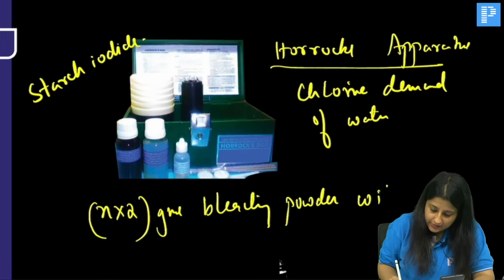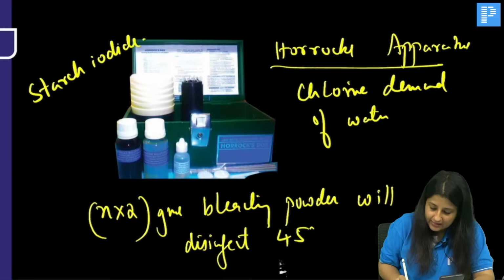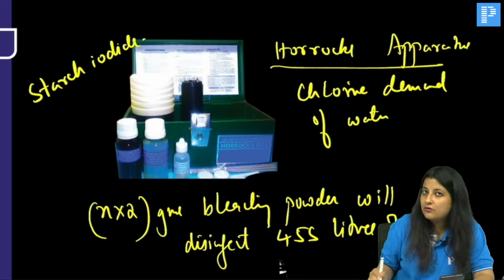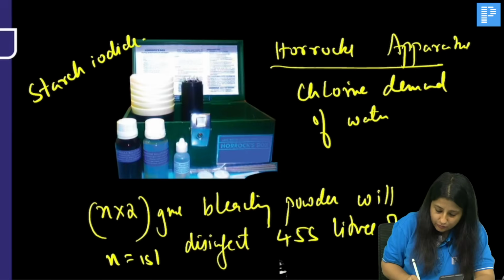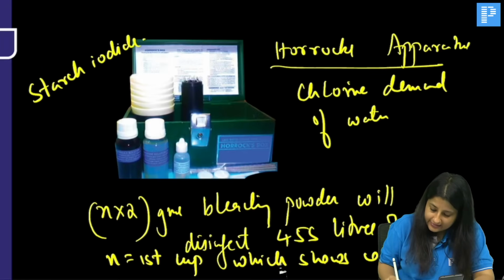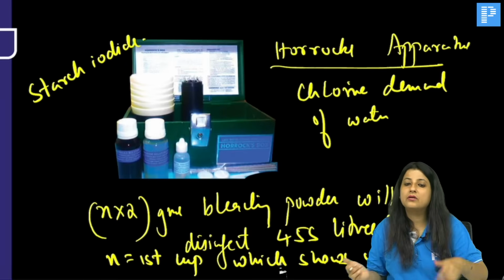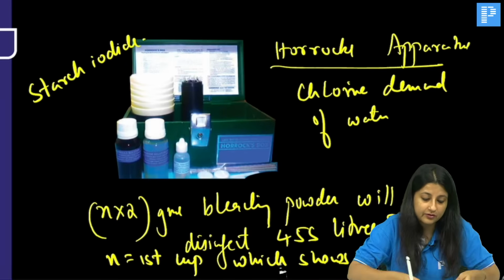And the formula that you have to remember, N into 2 grams bleaching powder will disinfect how many liters of water, guys? 455 liters of water. And what is N over here? N is equal to the first cup which shows color change. N into 2 grams of bleaching powder will disinfect 455 liters of water.